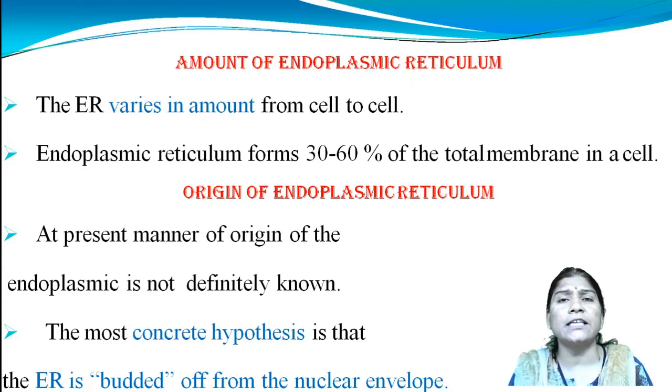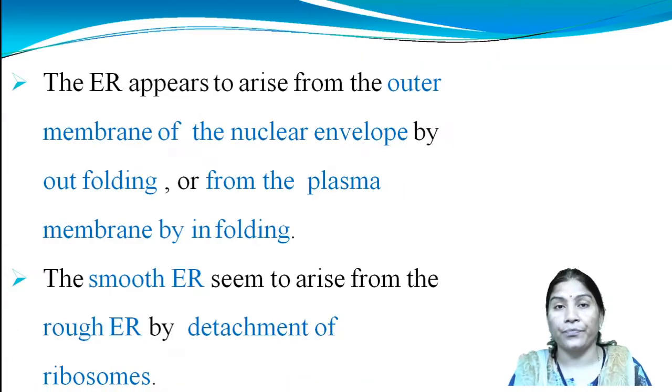Means it is the bud from the nuclear envelope. So the most concrete hypothesis regarding the origin of endoplasmic reticulum is that this endoplasmic reticulum is budded off from the nuclear envelope.